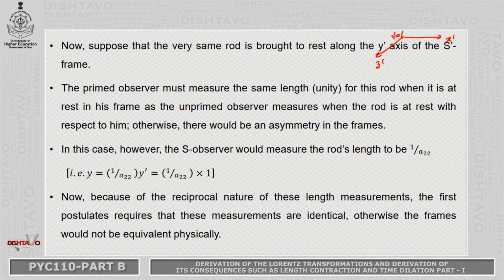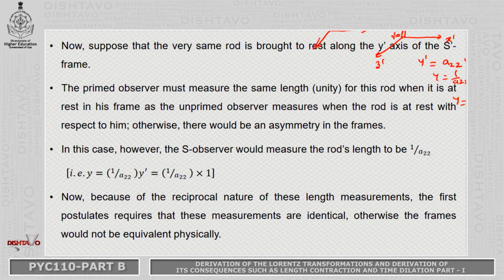So according to the S dash observer, the length of the rod is 1. But what is the length of that same rod measured by the S observer? This is given by the transformation equation. We have y dash equal to a22 y, so y is equal to 1 by a22 times y dash, and y dash is 1. So S measures that distance as 1 by a22 times 1.